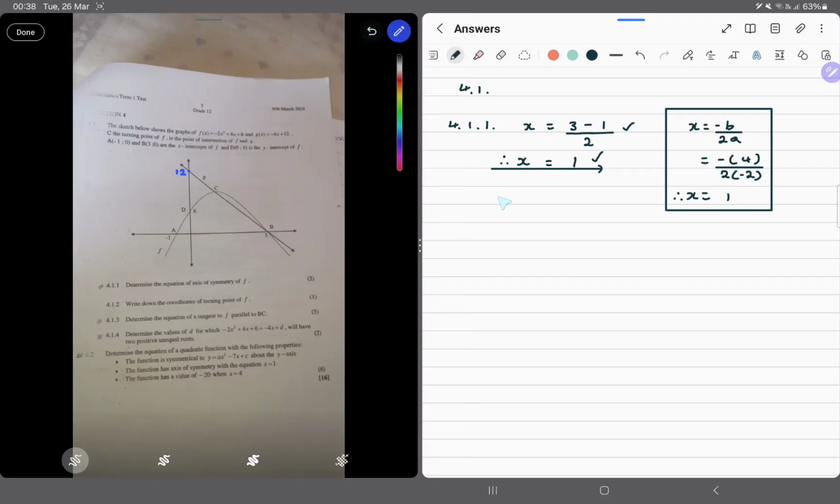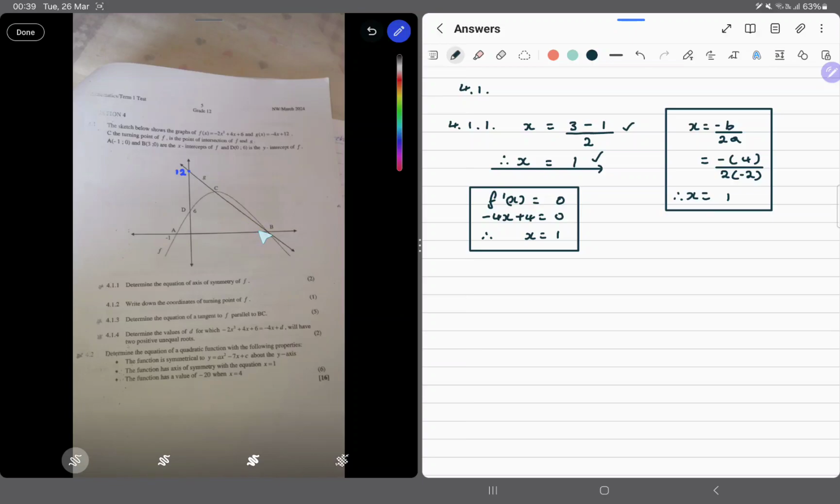Another student may decide to take the first derivative and equate to 0. When we take the first derivative, then we get minus 4x plus 4 is equal to 0. And therefore, x is equal to 1. So that's a grade 12 approach, applying differential calculus. So you've got options on how to go about this, guys.